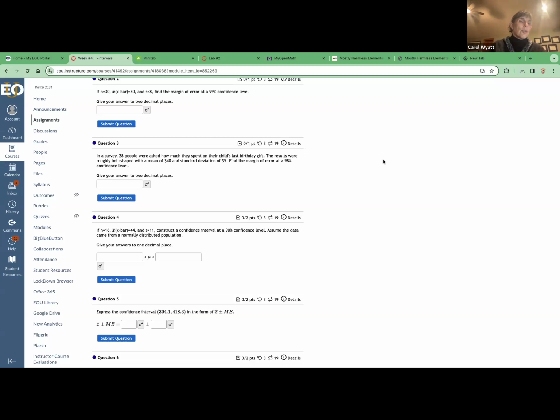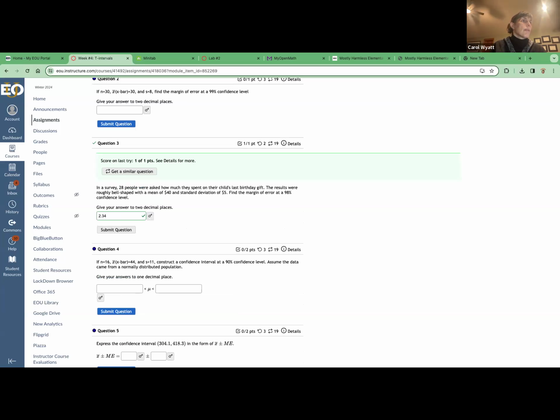And this gets 2.336 as my margin of error. 2 decimal places is 2.34. All right, so that is how you would do that margin of error question. Again, this is what you would add or subtract to your mean to get your interval.